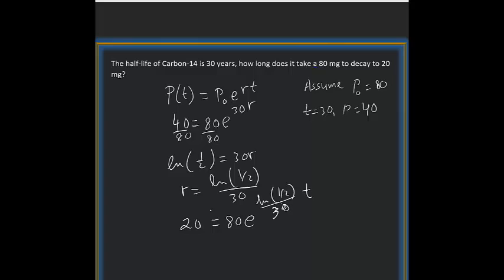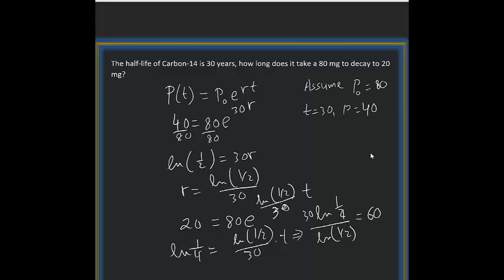For 20 mg, if you divide both sides by 80, you get 1/4, which, with a natural log, will give you natural log of 1/2 over 30 times t. And then it is the same way we are finding. I have natural log of 1/4 times 30 over natural log of 1/2. So we see that our final answer is 60 years.